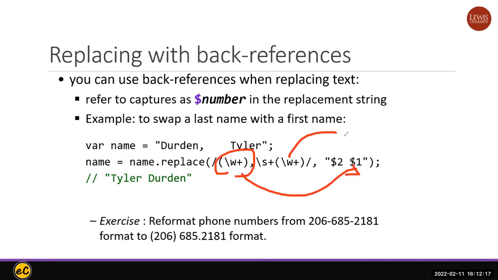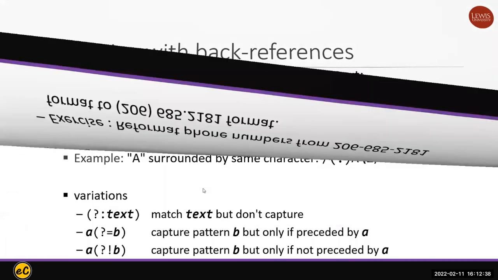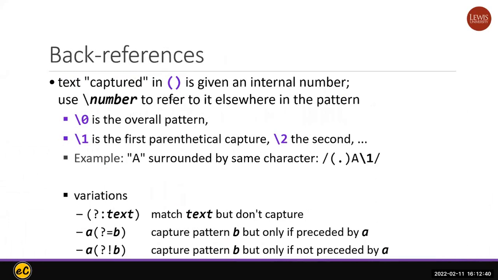The second capture of the word, we put it over here, for the grouping. So the grouping can be replaced later with the number. This one is called capture. You can use this to do a swapping of the first name and last name. So that's the so-called capturing number we talk about.